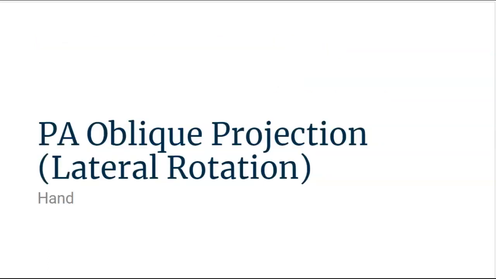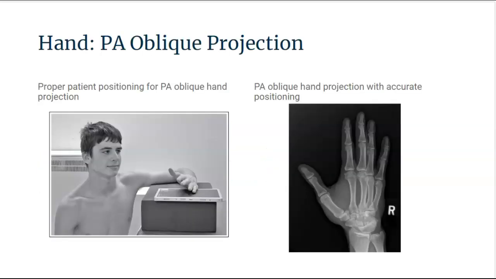Let's move on to our PA oblique hand projection. Image analysis guidelines for the PA hand oblique projection state that each of the second through fifth metacarpal midshafts should demonstrate more concavity on one side than the other.